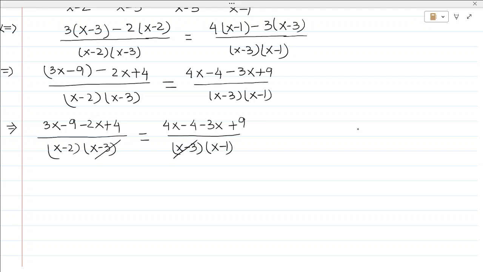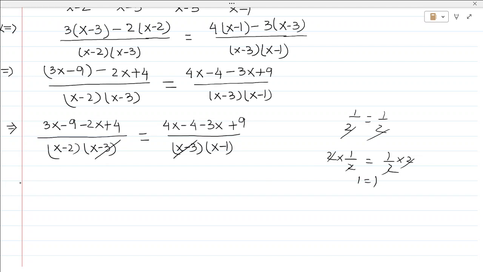You can cancel because if 1 upon 2 is equal to 1 upon 2, we can cancel it. How? You can write it multiplying both sides by 2. Multiply this side by 2, multiply this side by 2 and cancel. So 1 equal to 1. In the same way we are doing it.